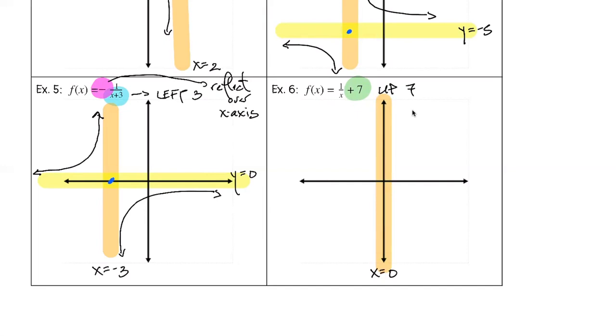However, our horizontal asymptote is going to move up to y equals 7. And we can draw our center point in. And because there's no reflection, we've got one branch in the top right and a second branch in the bottom left, okay?